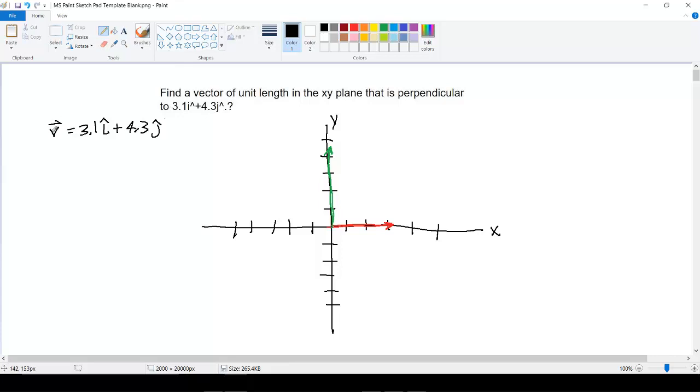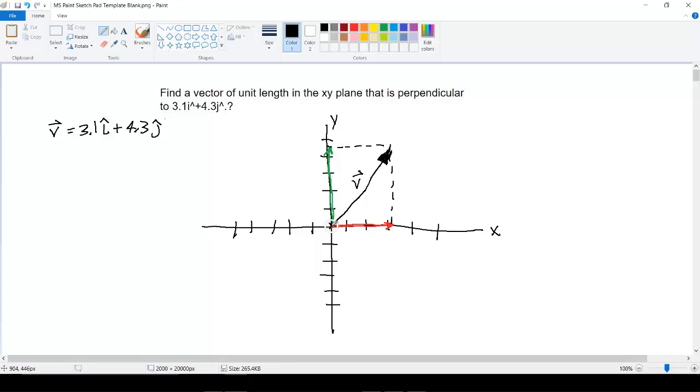And then our vector v can be found if we determine where these two vectors will cross. So we extend some perpendiculars to figure out where they cross, and that will give us the length and the direction of vector v. Now what we're asked to find is a vector that's perpendicular to our vector v.